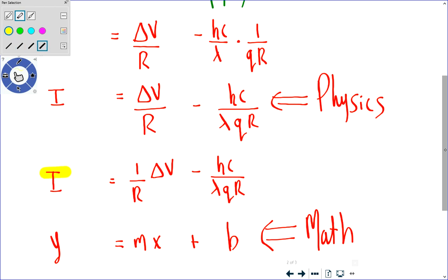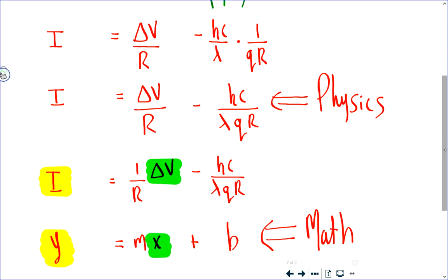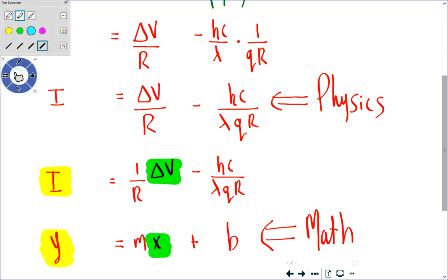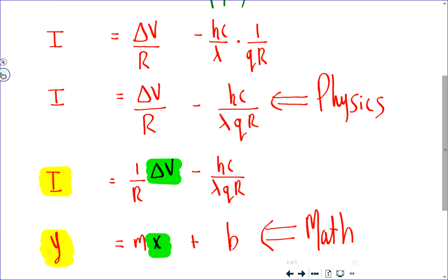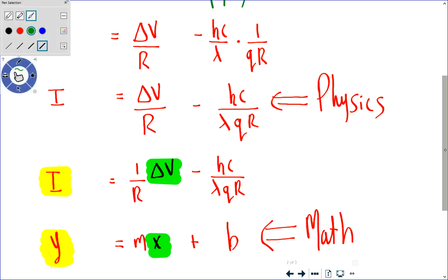Our current is what's plotted on the vertical axis, which means our current is the y variable. On the horizontal axis, we have plotted the potential difference, which means our x variable is potential difference. Now, before I get to everything else, I would like to make one minor adjustment to how I wrote the equation.